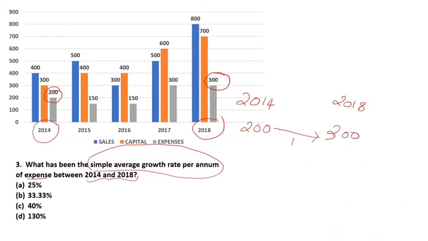What is the change? The change is 100. We have to find out the growth rate per annum of expense only.